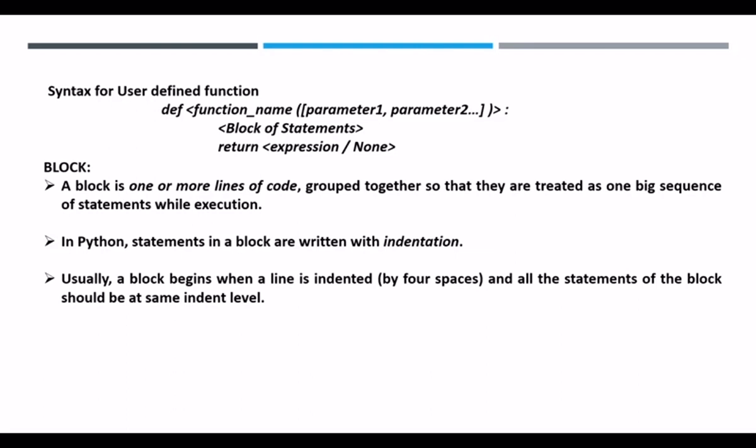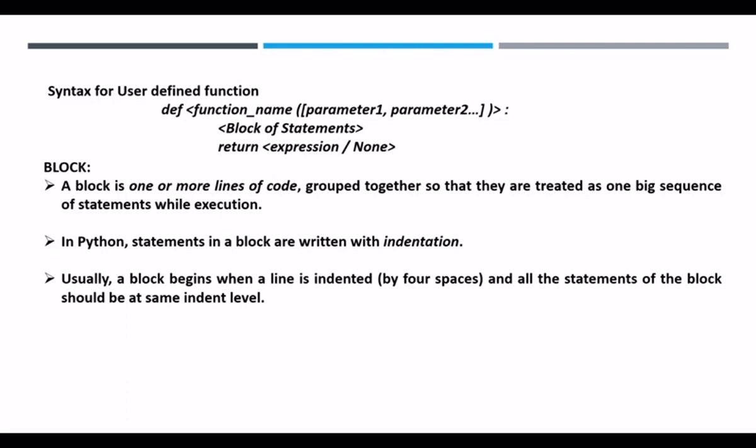So in Python, statements in a block are written with indentation. I already told you what is indent. It means just giving 4 spaces or pressing the tab key. Usually a block begins when a line is indented. So when we press the tab key or press the spacebar 4 times, usually a block begins.